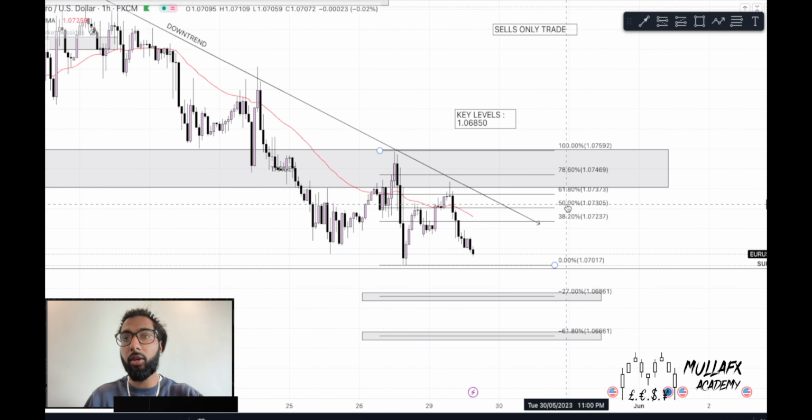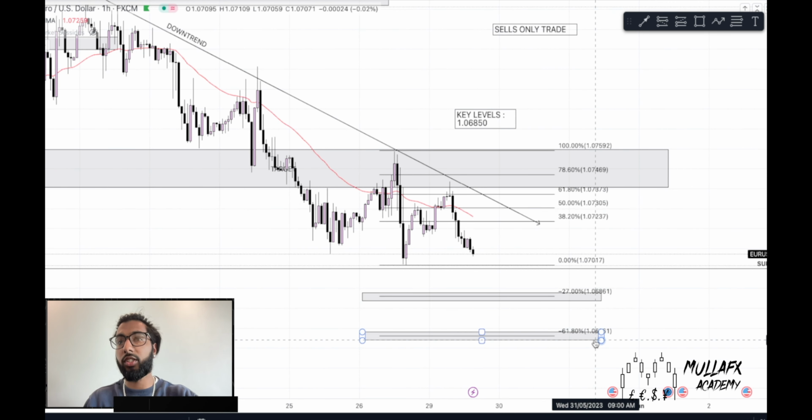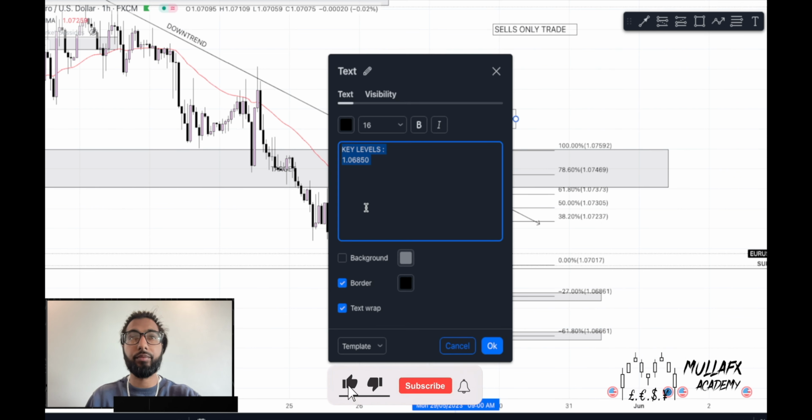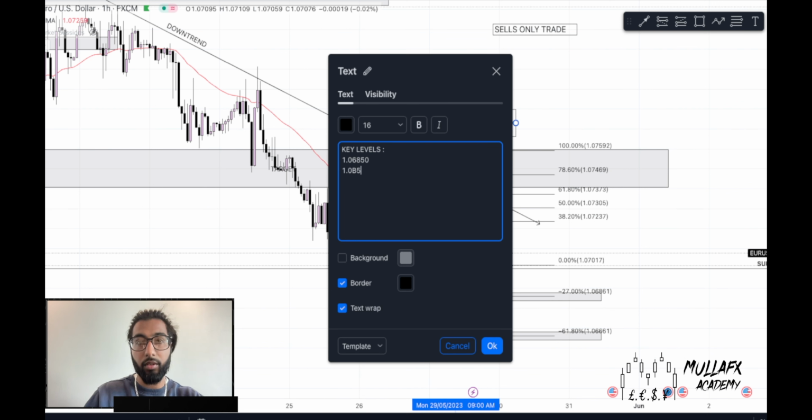That's our key level at the moment. Then we have another target, which is 1.06, and again I'm probably going to go for 1.0650.